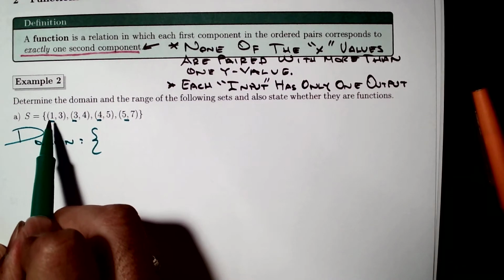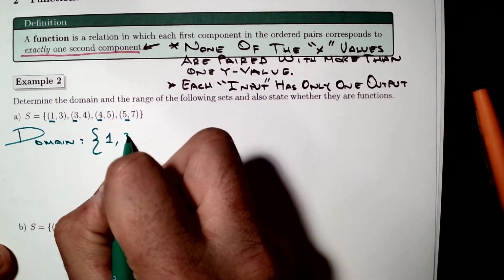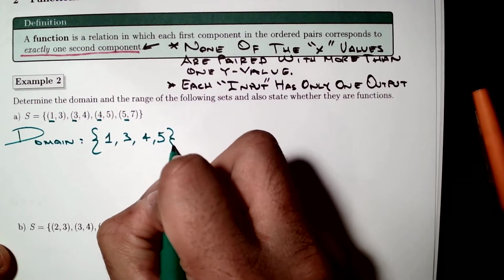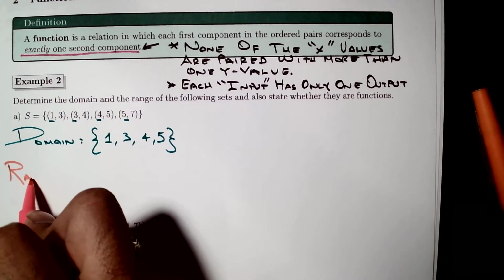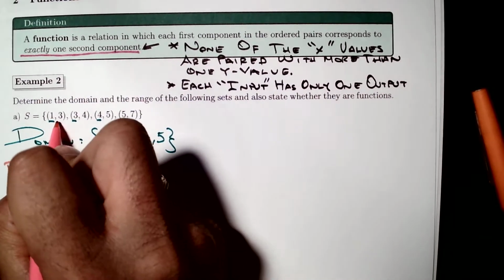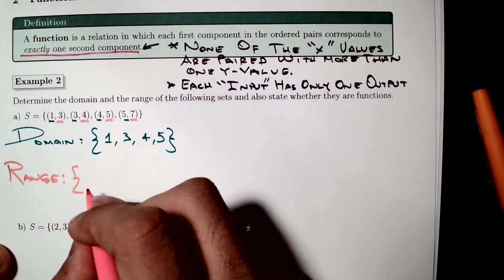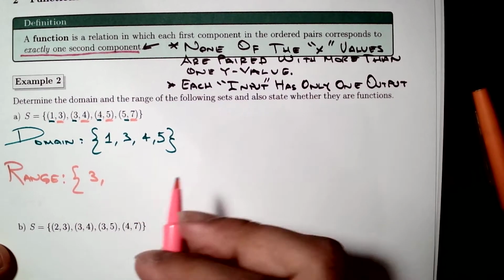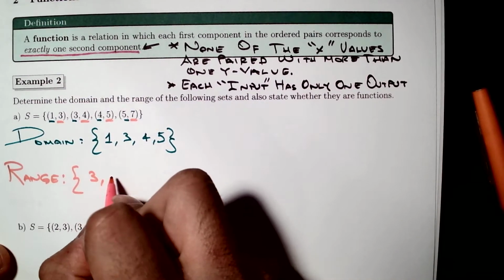So in this case, our x's are 1, 3, 4, and 5. And for the range, I'm going to use pink. The elements in the range are 3, 4, 5, 7. Again, be sure to write them in ascending order. In this case, the points are given nicely, so no big deal with that.